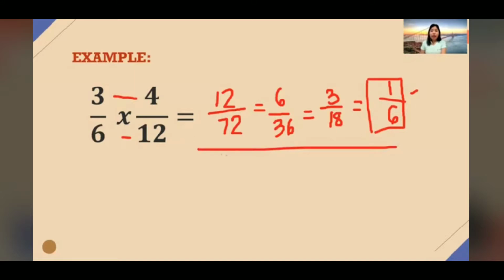So instead of going through this long procedure, we may use our cancellation method. And that cancellation method in multiplying fractions makes our procedure simpler and easier, all right? So how do we do that? Just like the first option, we have to find the common factor.